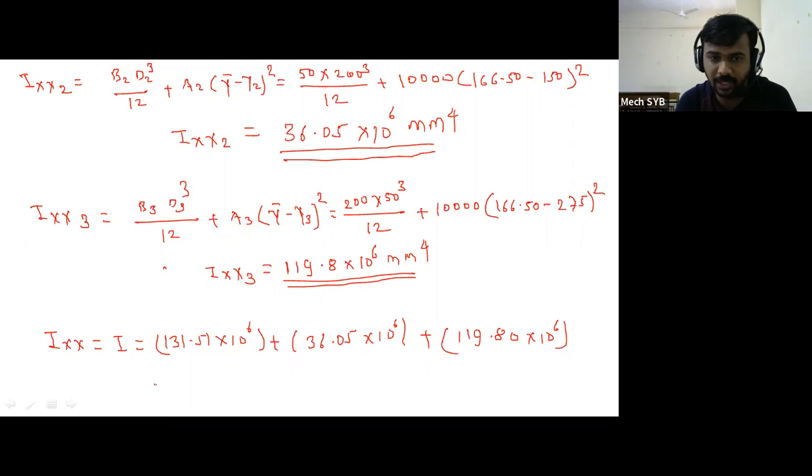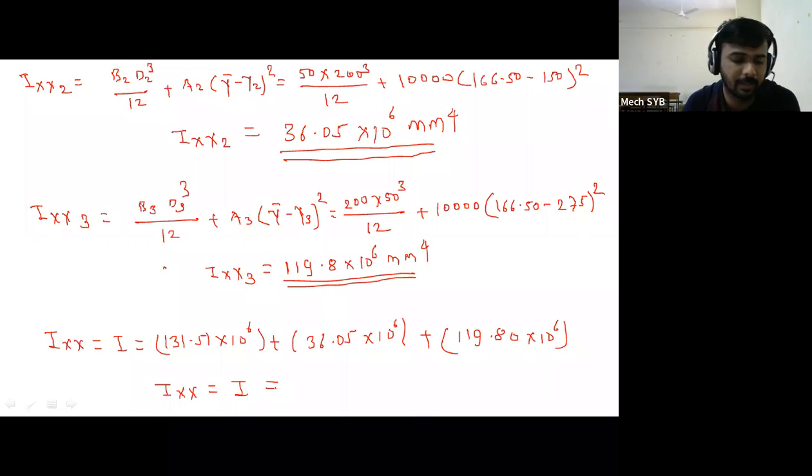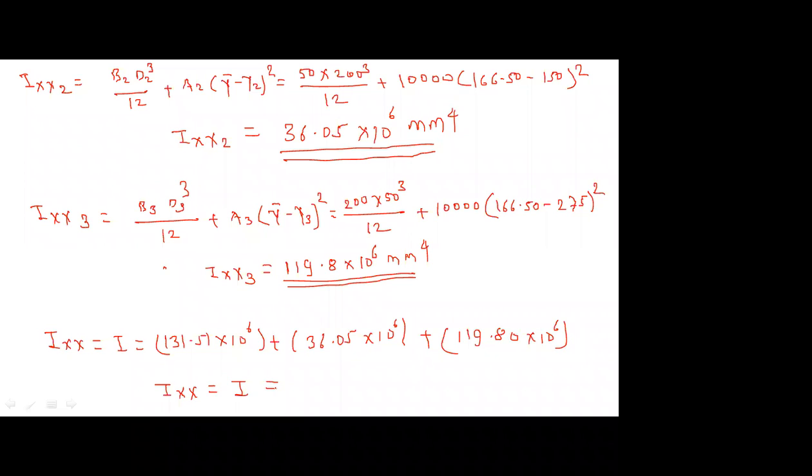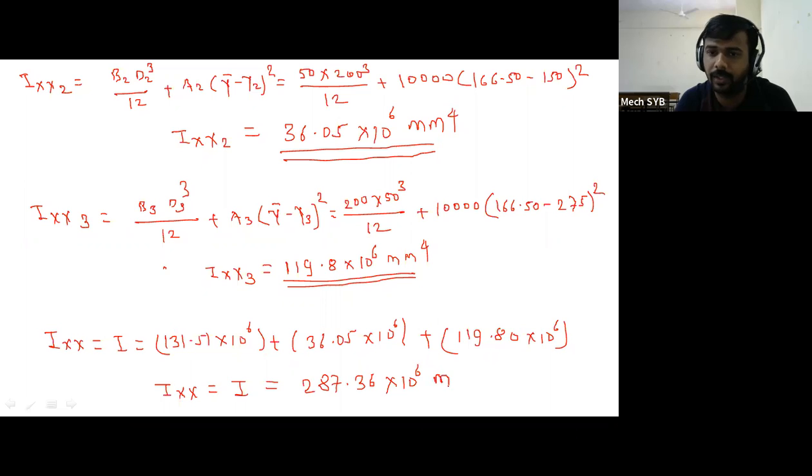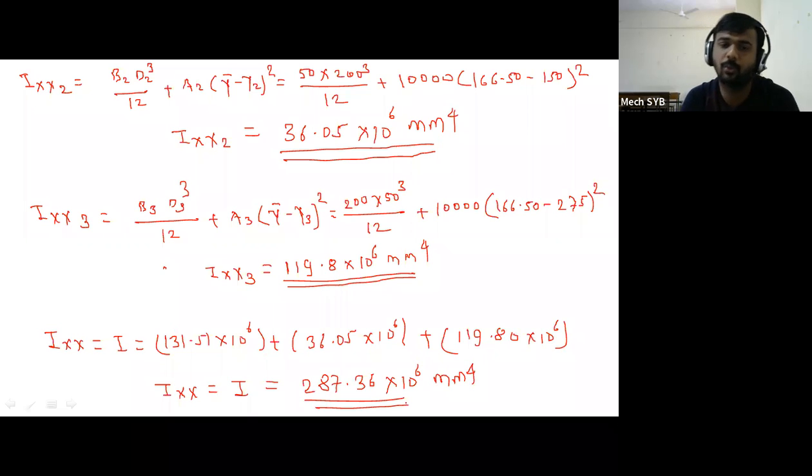You have to do the addition and calculate the total moment of inertia of the entire unsymmetrical I section. So what will be that value? 287.36 into 10 raised to 6 mm raised to 4. Please check your answer, 287.36, or sometimes you will get 287.35.